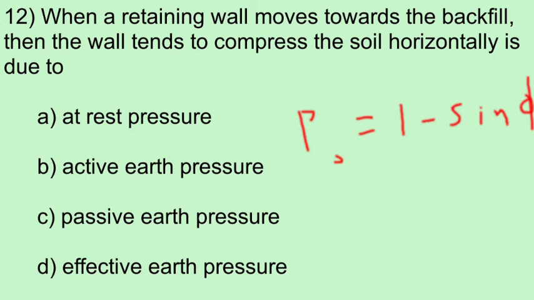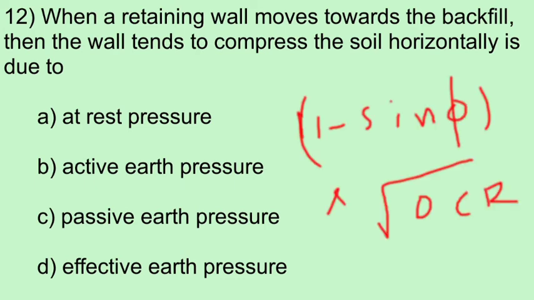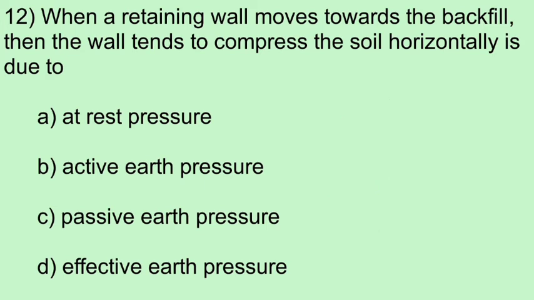K0 is equal to 1 minus sin phi for normally consolidated clay. K0 for over-consolidated clay is 1 minus sin phi into root of over-consolidation ratio. These are all about earth pressure at rest.